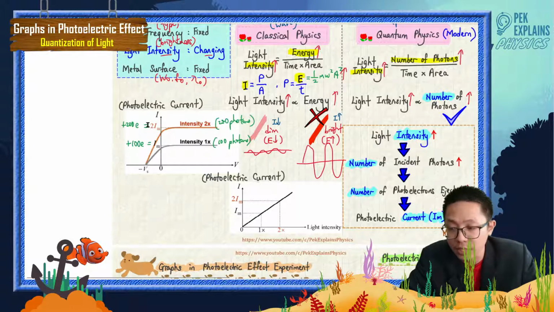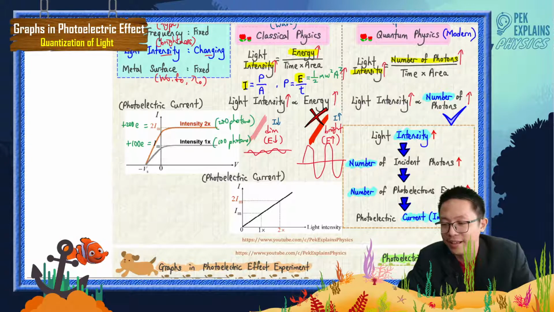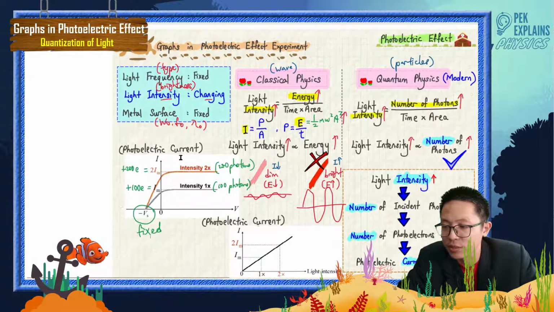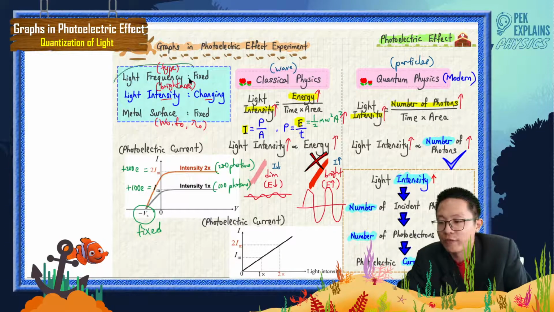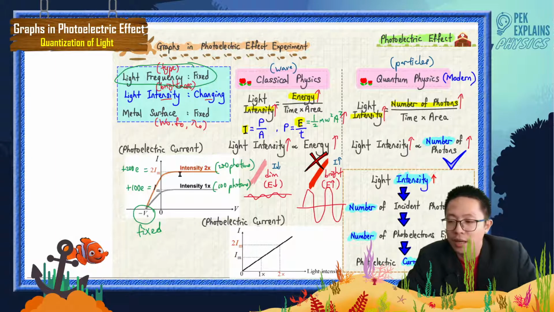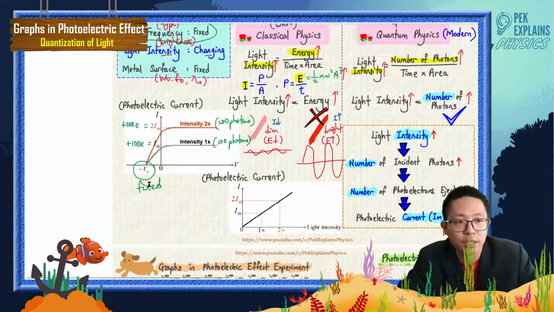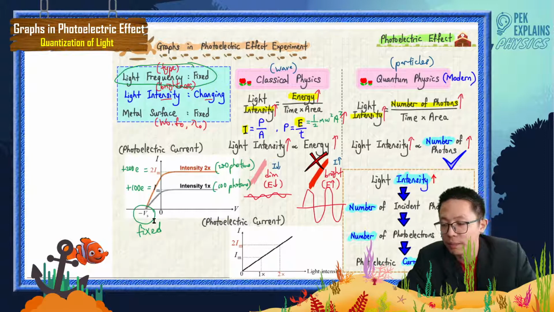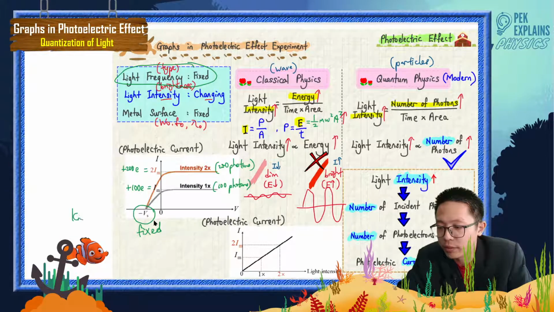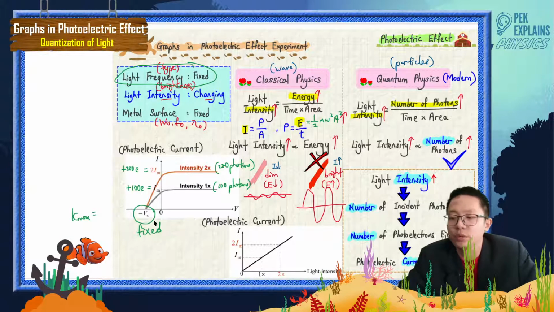But the stopping potential is fixed. You see, this one is fixed because I fixed the frequency. Because stopping potential only depends on Kmax, which we will learn about later.